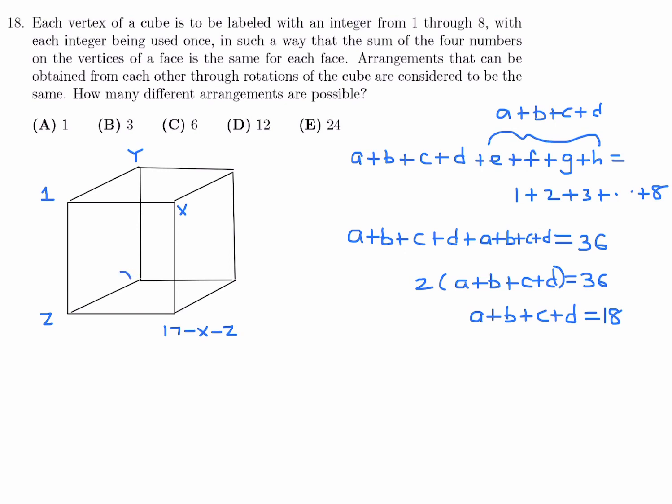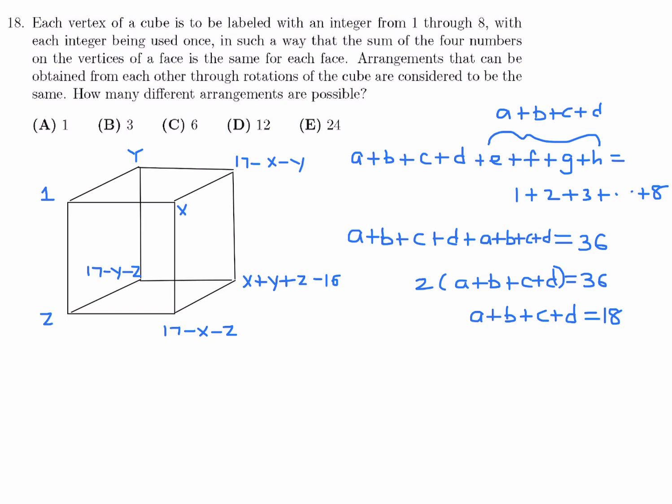This one here will be 17 minus Y minus Z, because remember the sum has to be 18. This one will be 17 minus X minus Y. And this one we got to do a little bit of math here. And when you do, you get X plus Y plus Z minus 16. So the key thing is that the four vertices of any face, those numbers have to add up to 18.